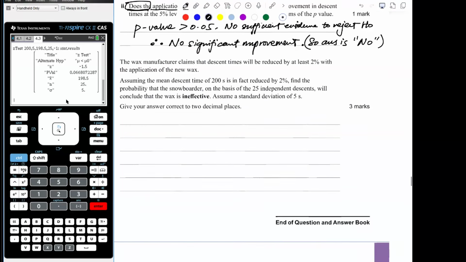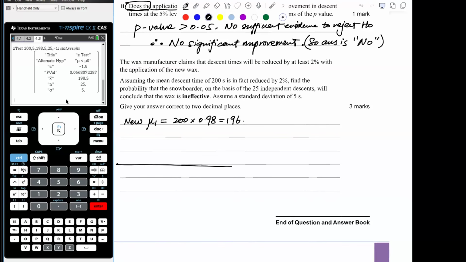Okay, the wax manufacturer claims that the descent times will be reduced by at least 2% with the application of the new wax, assuming the mean descent time of 200 seconds is in fact reduced by 2%. So this time, mu1 equals 200 times 0.98. That'll be 196.